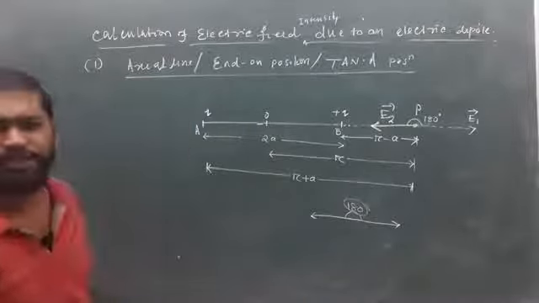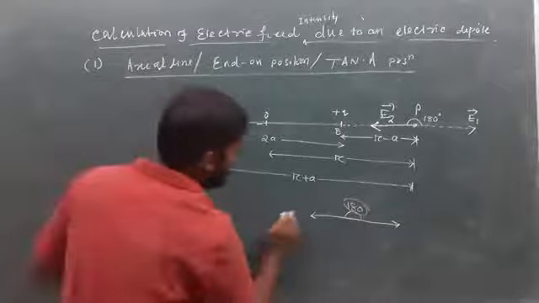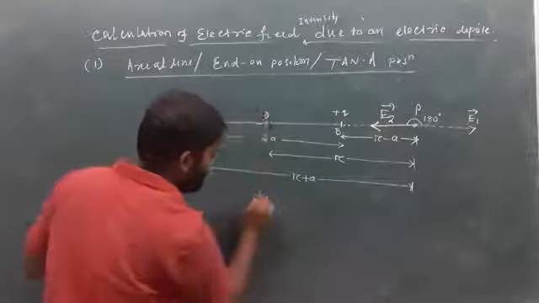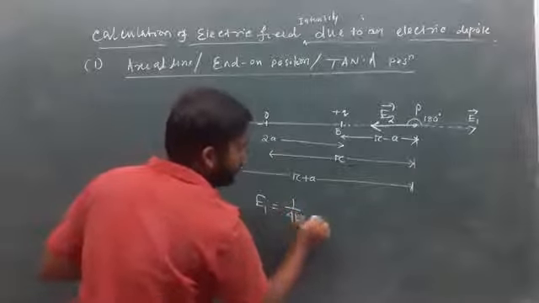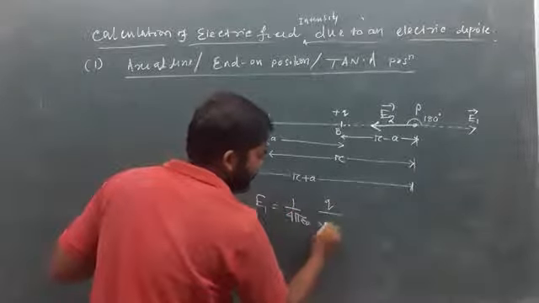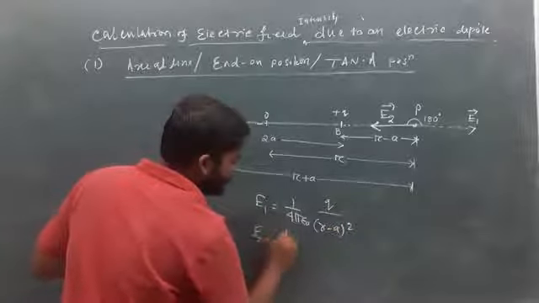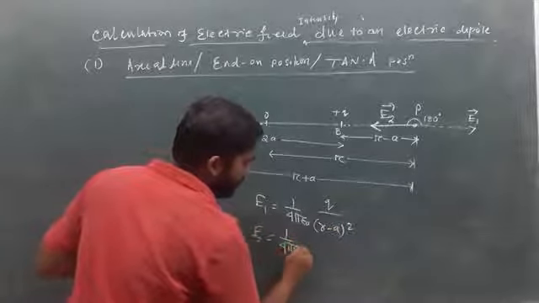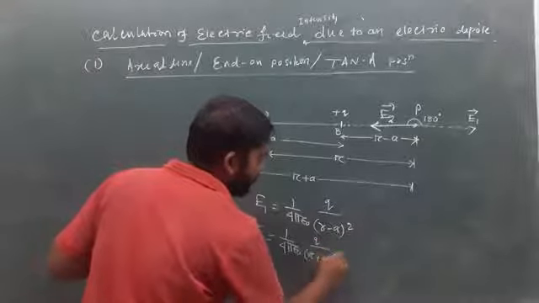What is the resultant field? Here E1 equals 1 by 4 pi epsilon 0 q divided by r minus a square, and E2 equals 1 by 4 pi epsilon 0 q by r plus a square.